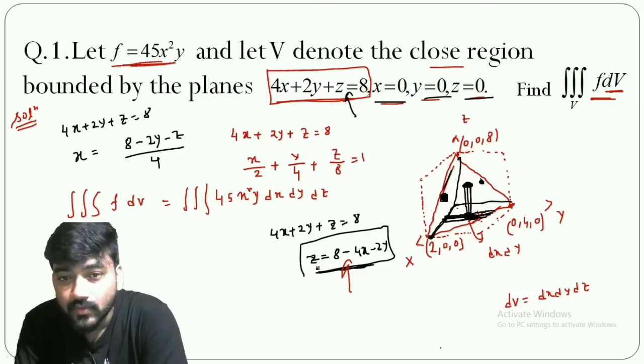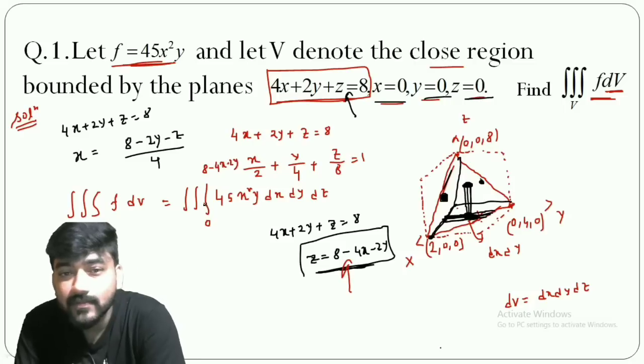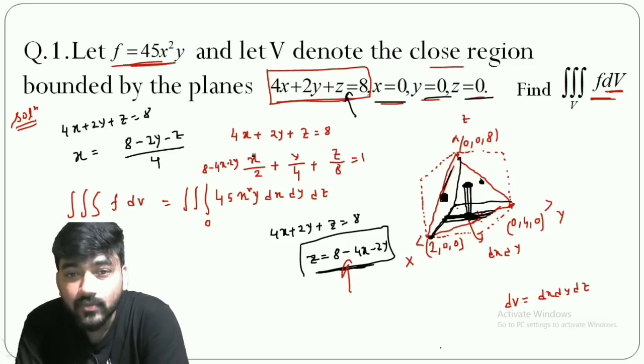So z will be from 0 to 8 minus 4x minus 2y. Then you have to choose the limit of y.